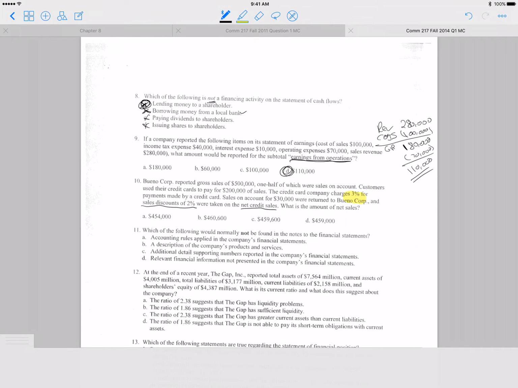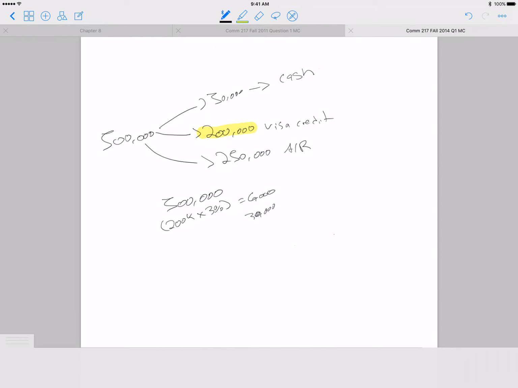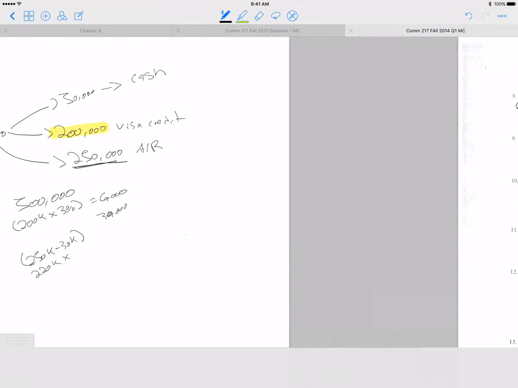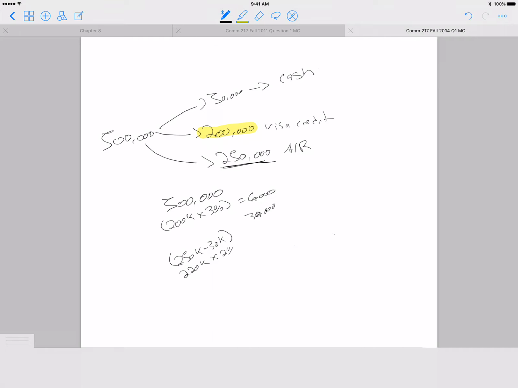So it says 1/2 of the sales were on account, which is the 250, but from the 30,000 returns, we have to discount it to get the actual discount number. So we take the difference, it'll be 220,000 times your 2% of the discounts you're given on account, which is 6,600.